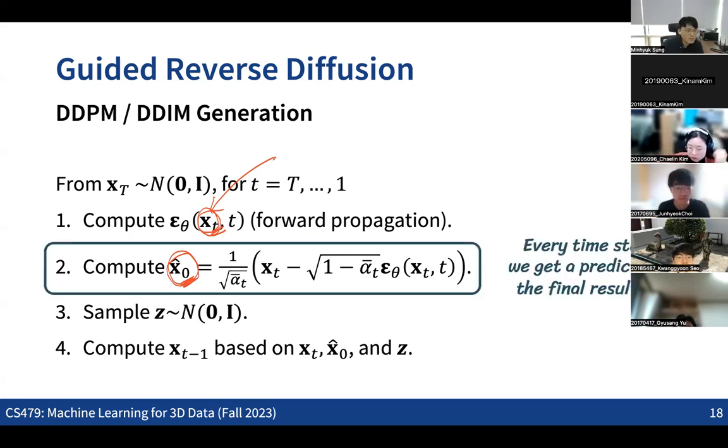That's the key thing in the reverse process. So the basic question here is: since we get a prediction for the final output at each intermediate step, can we add some regularization for the final output, in terms of what kind of output we want to see?